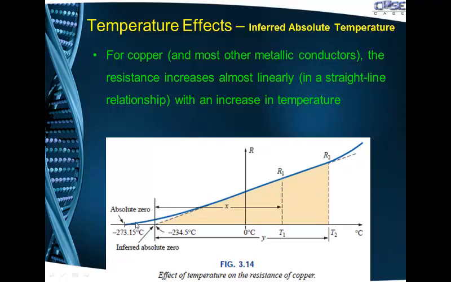So this blue curve basically shows the change in resistance as temperature changes. This curve intersects the x-axis or temperature axis at around minus 273.15 degrees centigrade, which indicates that resistance of copper would be 0 at this temperature.